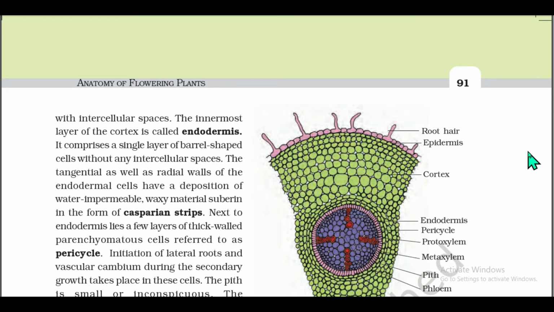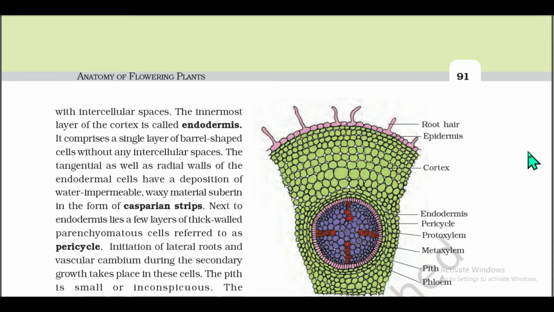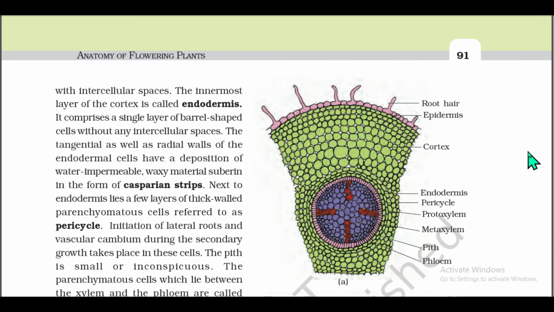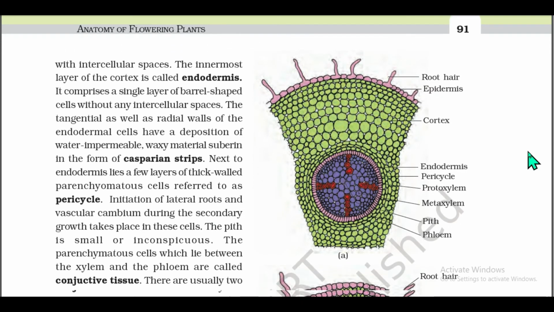It comprises a single layer of barrel-shaped cells without any intercellular spaces. The tangential as well as radial walls of the endodermal cells have a deposition of water impermeable waxy material suberin in the form of Casparian strips.